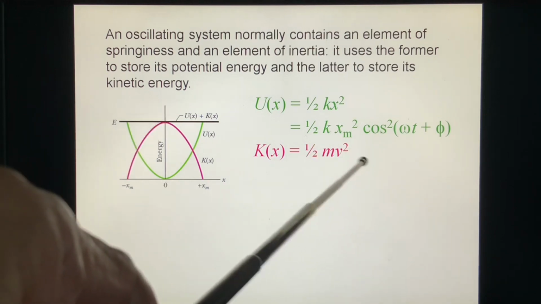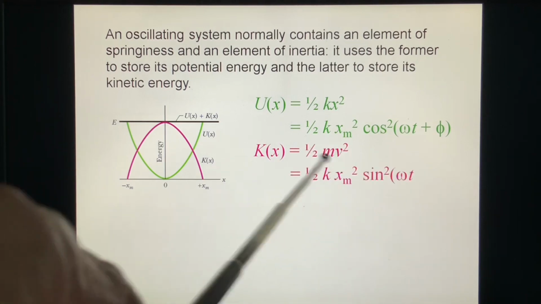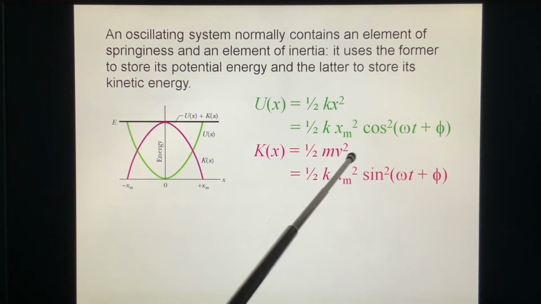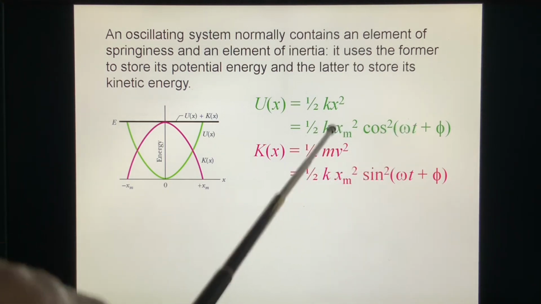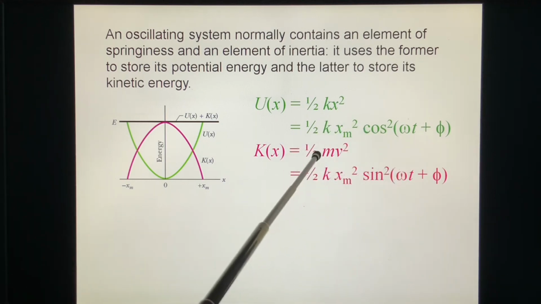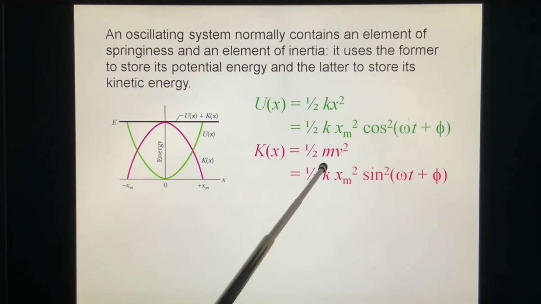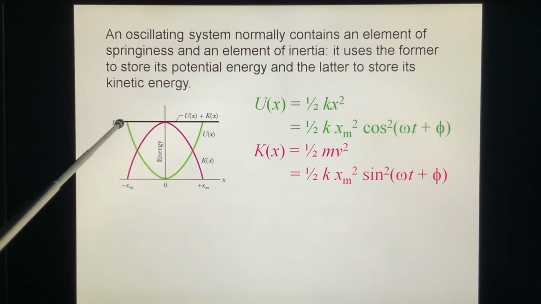We put in v, and this one is half k x_m squared. Why half k? Because when you take the derivative, you have omega, and you square it, so m omega squared equals k. So we put this one in, and we see that kinetic energy and potential energy always add up to this one.